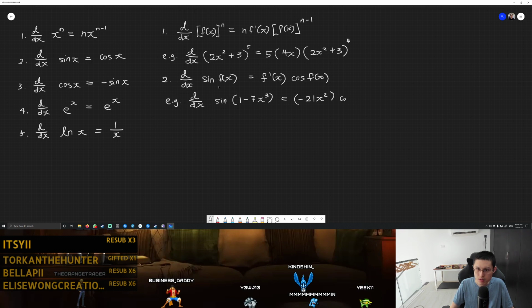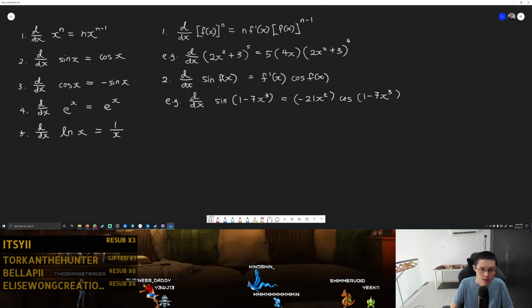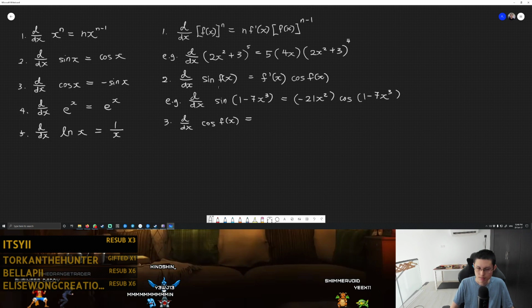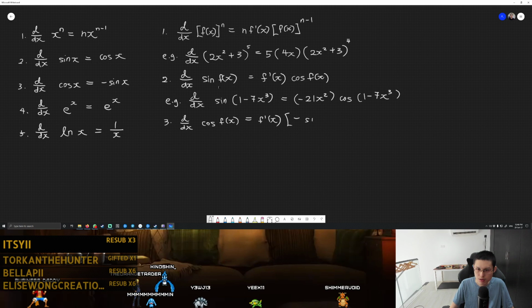And then we write the same thing, but now we write it as cos, and we insert the same function. There we go. Similarly, what happens when you differentiate cos f(x)? Well, you will get f prime x, and then you get negative sine f(x).